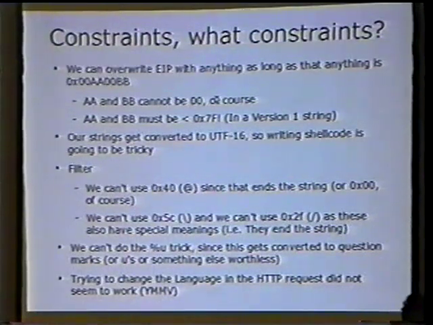Or in the case of this, you can have any kind of EIP as long as it's in the following format: you can't have zeros, because zeros will terminate your string, and you can't have bytes greater than 7F, because that will have them transformed into 4 bytes, which is not what you want. And when you see this sort of restriction on your ability even to jump to memory, you start feeling a little shaky about your ability to even write the exploit.